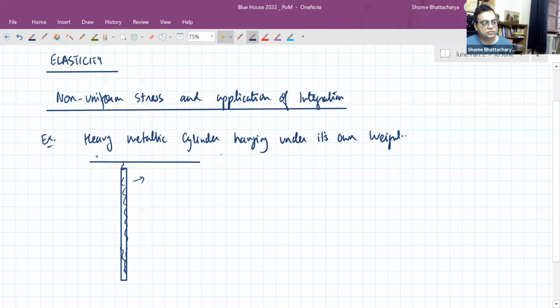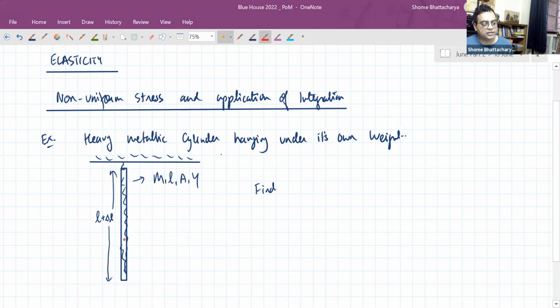This is of mass M, natural length L, area of cross section A, and Young's modulus Y. But because of its own weight, it has an elongation delta L.